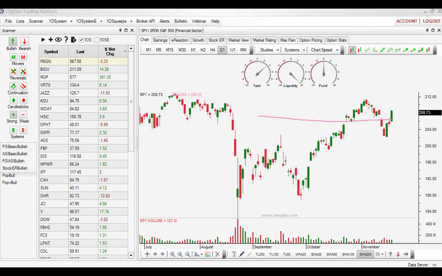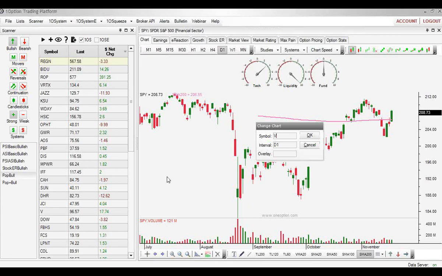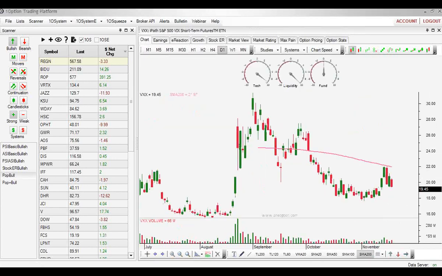I think Dave talked about exiting a trade when the technicals are broken, but not giving up on the trade. Very important. Some of my biggest winners have come after my biggest losers. VXX was a classic example back here in September. I got short VXX somewhere in this area right here, and then it started to come back up through the 200-day moving average, and I went, we've got to get out of this trade.